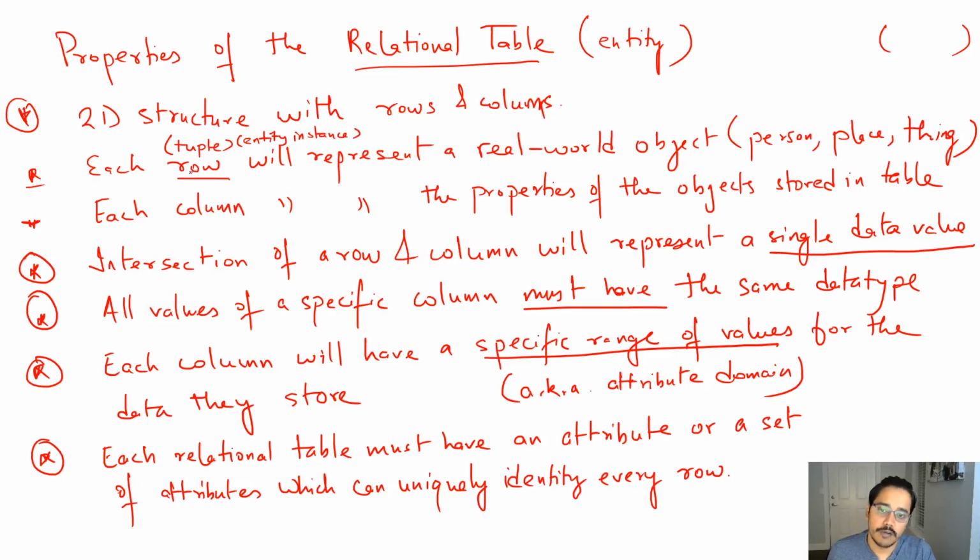Okay. However, we will be mostly using the term row to refer to the same thing. So we have to keep that in mind. And we might interchangeably use the term entity to either call a row or sometimes call a table. So we are basically overloading the keyword entity. Right? So please make sure that you don't confuse yourselves with the differences of what it is representing in terms of its keywords, right?